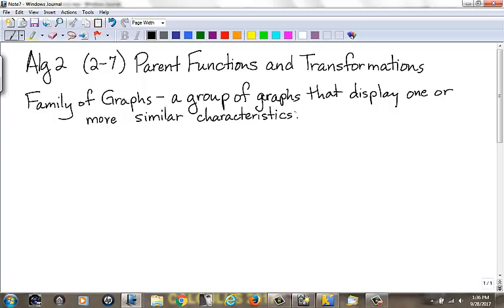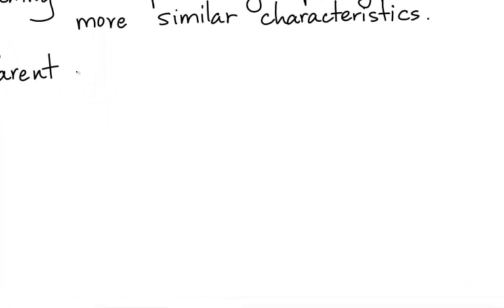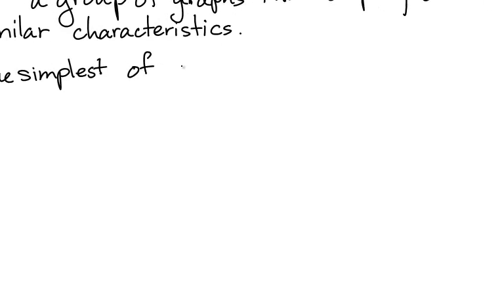Like all the absolute value graphs would be considered a family of graphs. And the original y equals the absolute value of x is called the parent graph. So there's basically a graph to start with, and it is the simplest of graphs in the family.